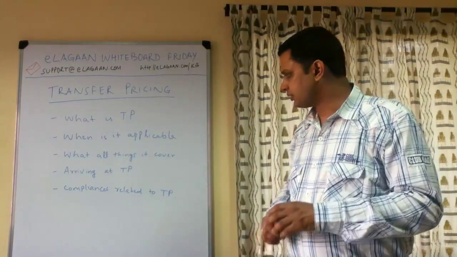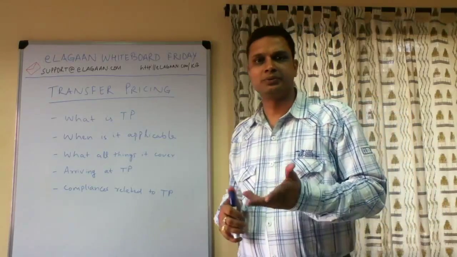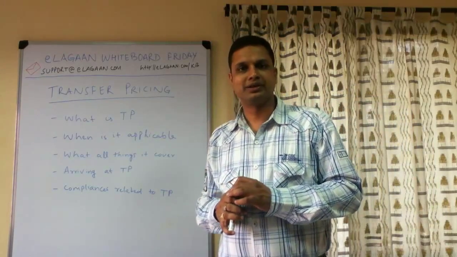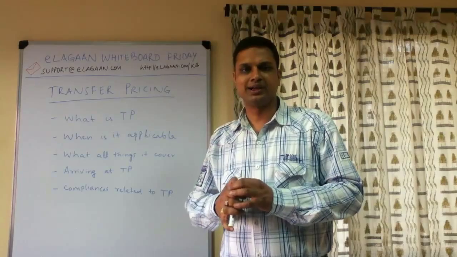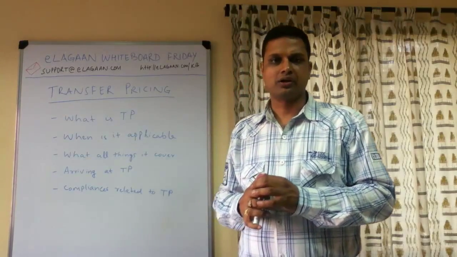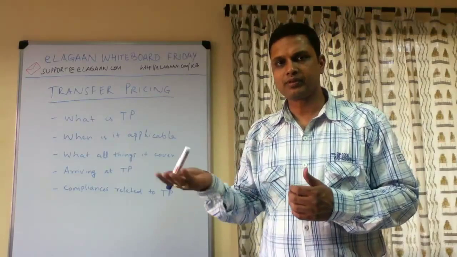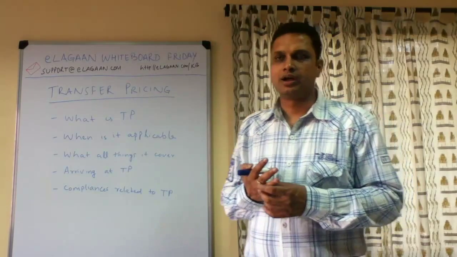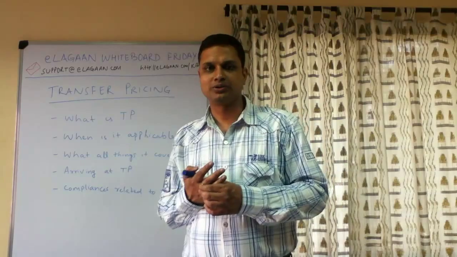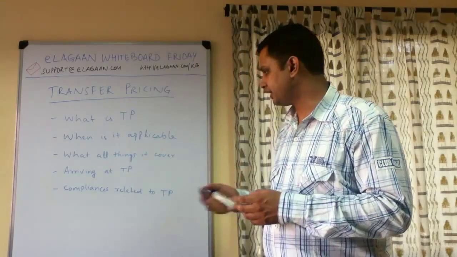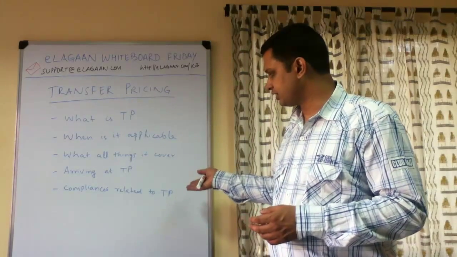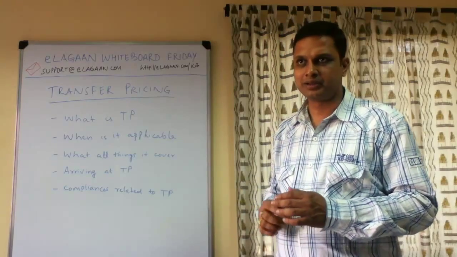And there are a lot of compliances. For example, there is a separate transfer pricing documentation where a detailed analysis of what your costs were, how much money you made out of it, and how much tax has been paid, all those calculations have to be done, certified, and then submitted to the government.